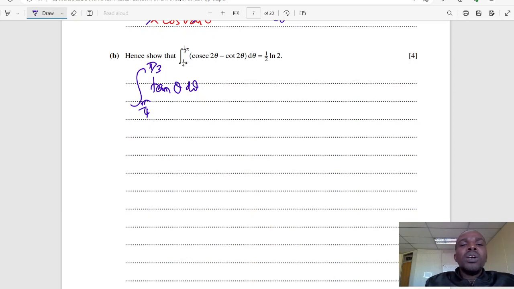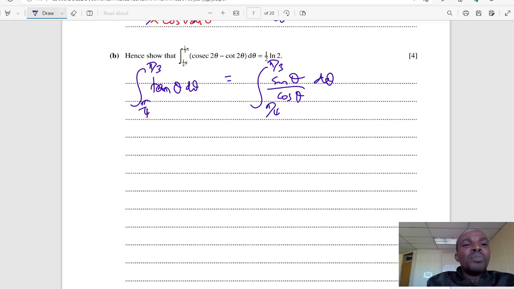So what can you do? You can use an identity, that is sine theta over cos theta. So it will be the same as the integral from pi over 4 to pi over 3 of sine theta over cos theta d theta. Then you can use integration by inspection, where the numerator is the derivative of the denominator.